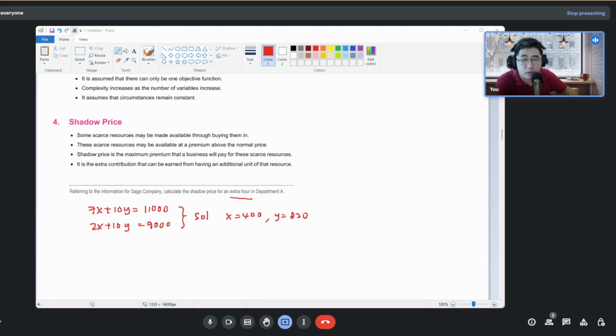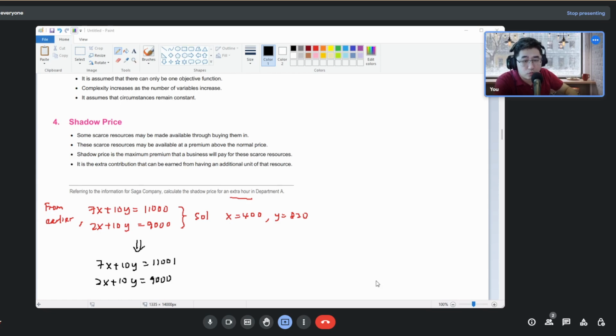This is from earlier. Now you have 1 extra hour for department A. So now your constraint changes into 7x plus 10y equals 11001, and 2x plus 10y equals 9,000 remains unchanged.